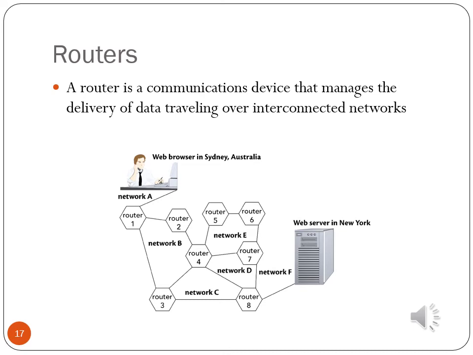And the other component of the internet are the routers. A router is a communications device that controls the flow of the data packets. Basically, it's a much more advanced device than a switch, which we talked about a little while ago, because a router can actually look at an IP address and then direct that packet in the proper direction.